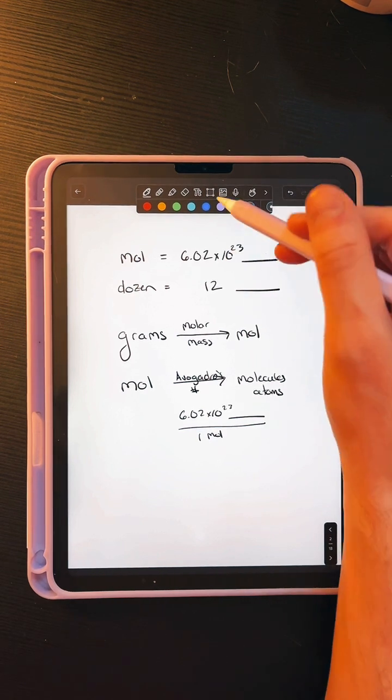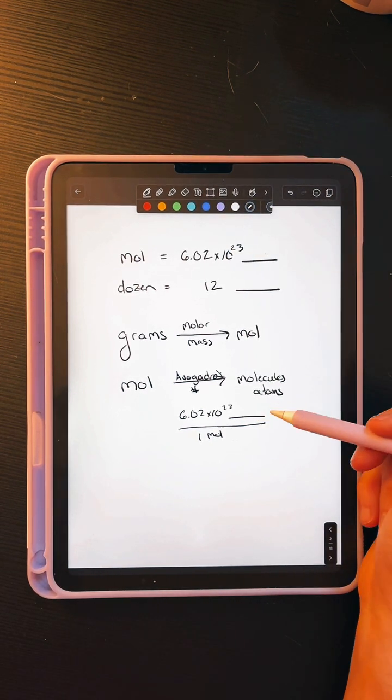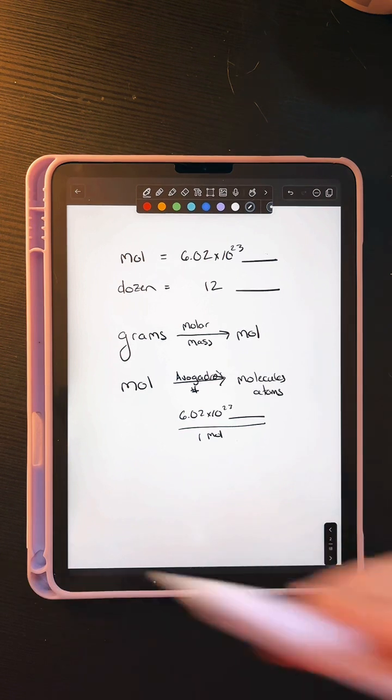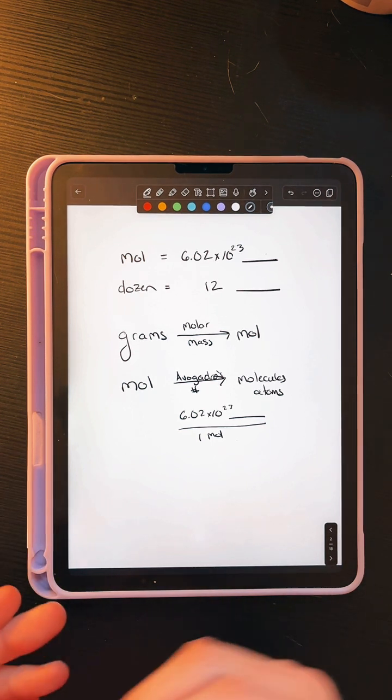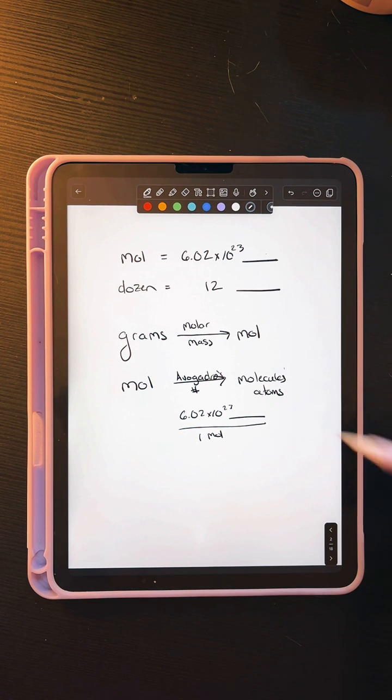So this something that we have can be molecules, it can be atoms, it can be chickens. I don't know why I say chickens a lot. It can be paper. You can really find a mole of anything. In chemistry, we use moles to figure out molecules, atoms, bonds, things like that.